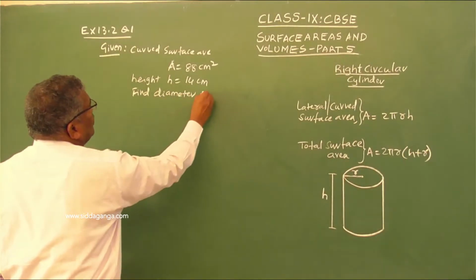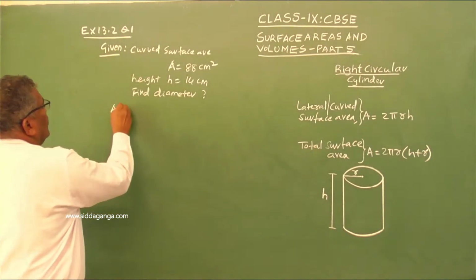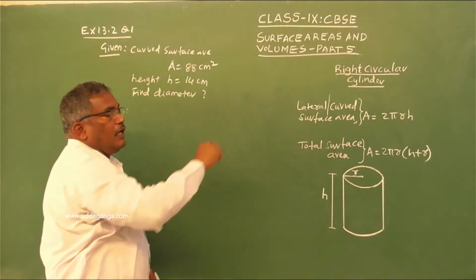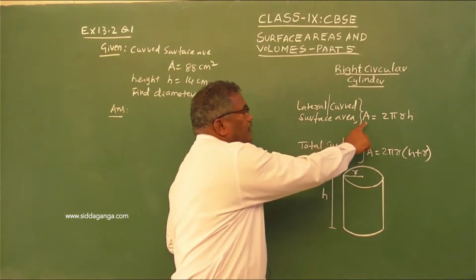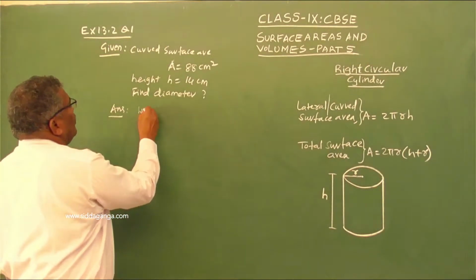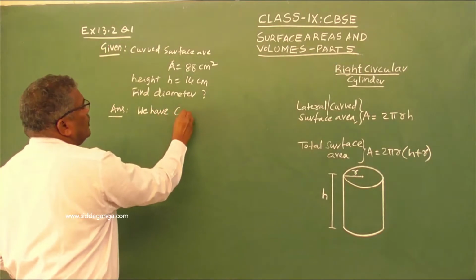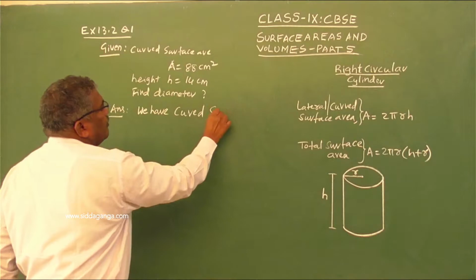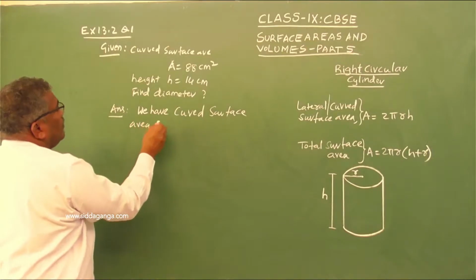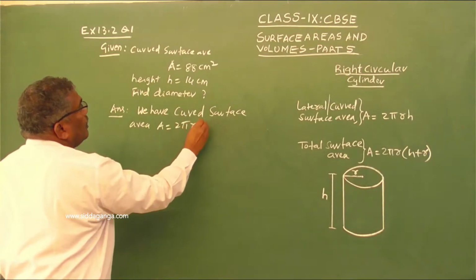So this is the question. Diameter is how much? Now answer. It is a simple question. We have the relation for curved surface area. We have this formula: curved surface area equals 2 pi r h. So A equals 2 pi r h.